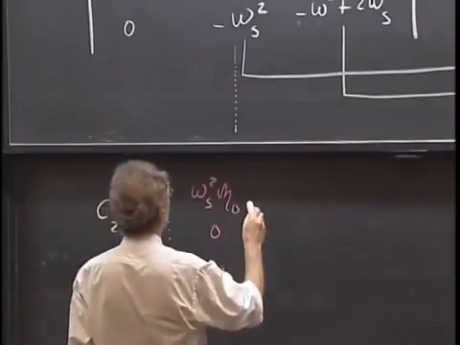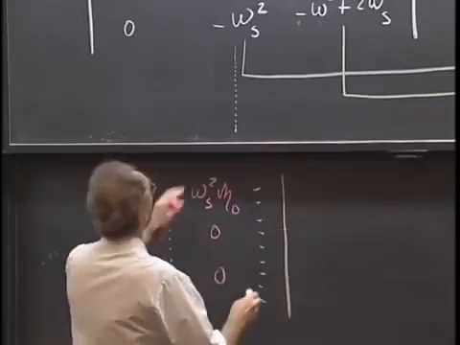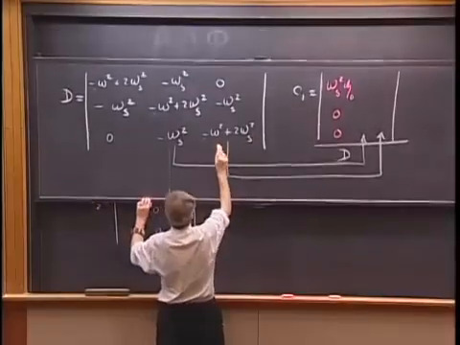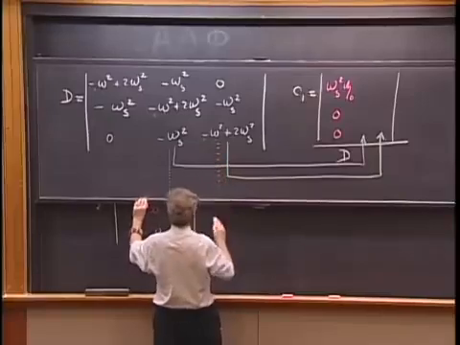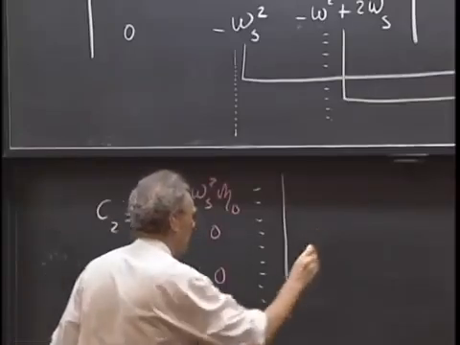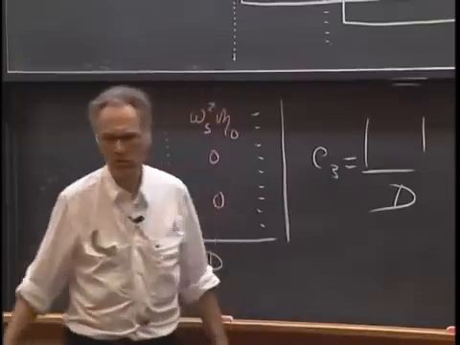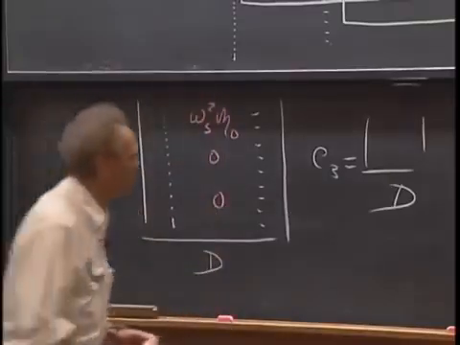And then the third one is going to be this, and then you go on, and we divide it by d, of course. And then you can write down C3. You're on your own. I'll help you.